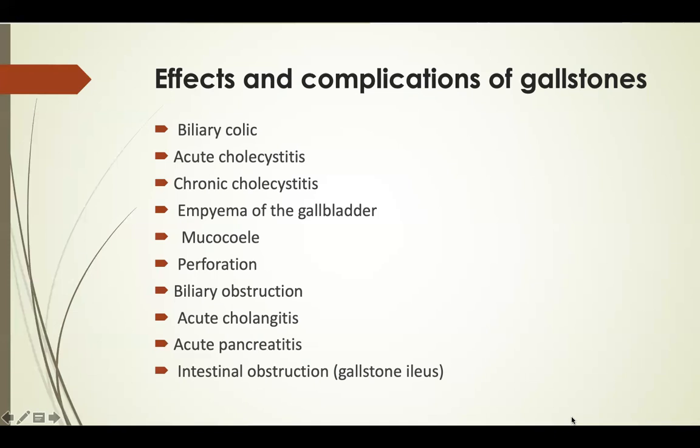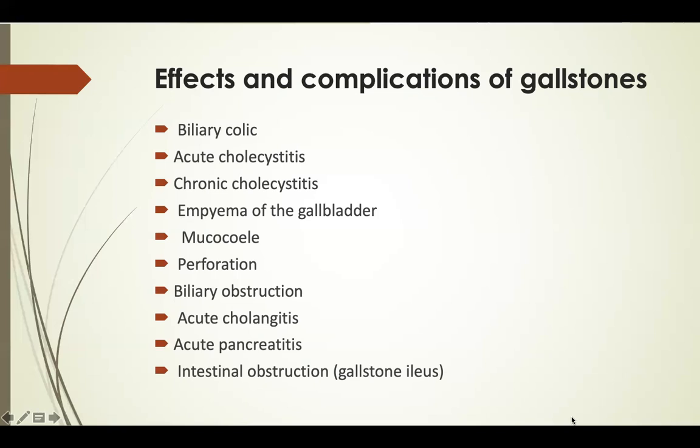Now, whenever there is a biliary obstruction, what do you expect? You will expect jaundice. The patient may be jaundiced. Acute cholangitis: if there is obstruction, if a small stone is there, whenever there is blockage, there is backflow.